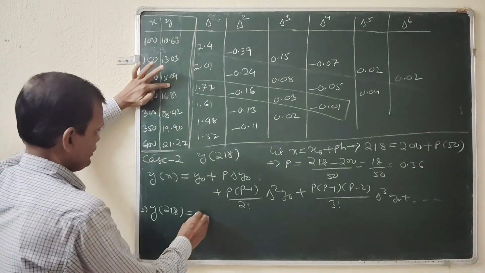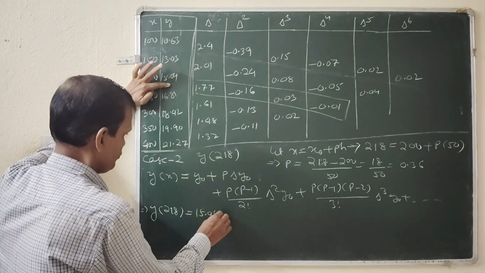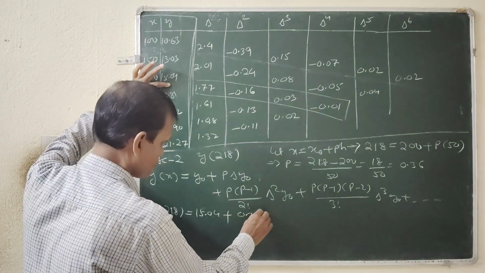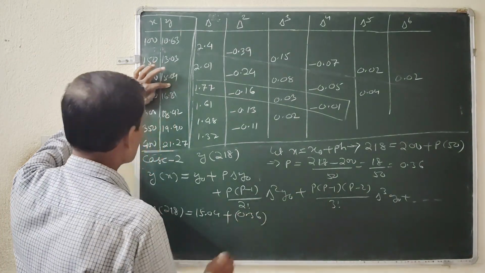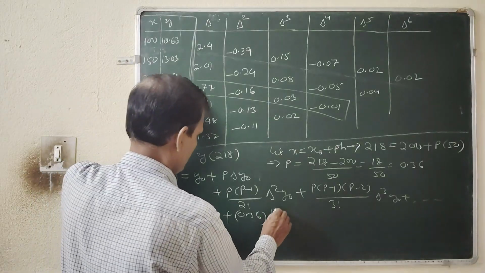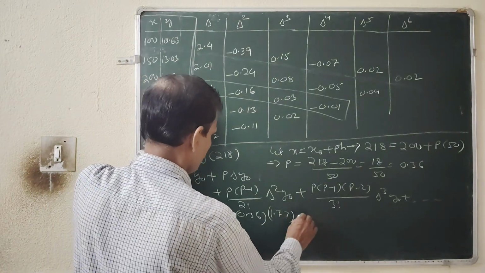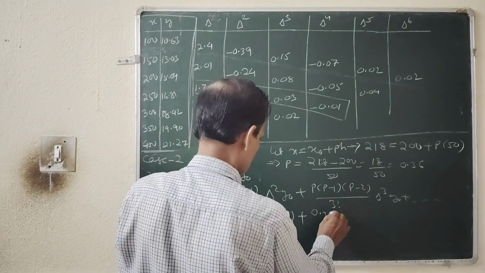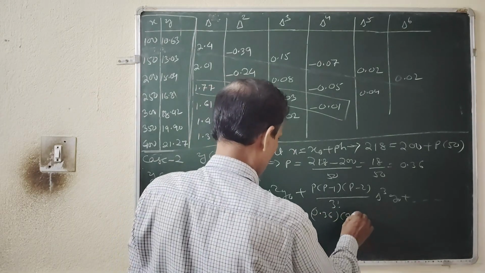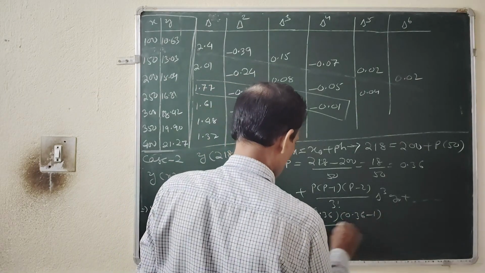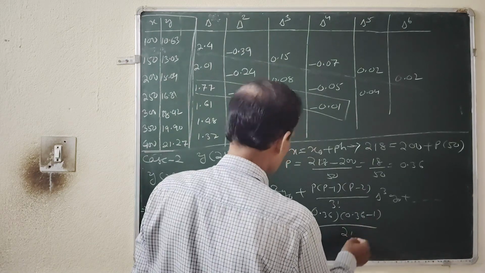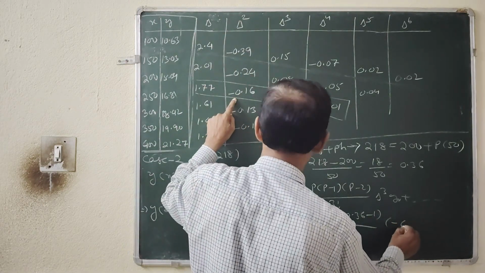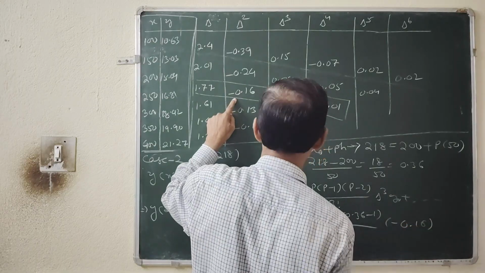So y of 218 equals y0, our initial value, that is 15.04, plus p, which we have calculated, that is 0.36, into delta y0, this is 1.77. Is it clear? Then plus 0.36 into 0.36 minus 1. There are two terms, so you write 2 factorial, then you consider delta square, and delta square is minus 0.16.